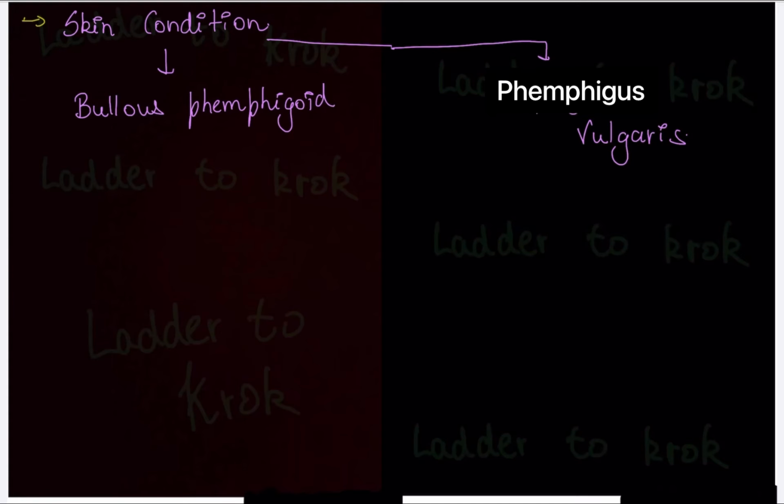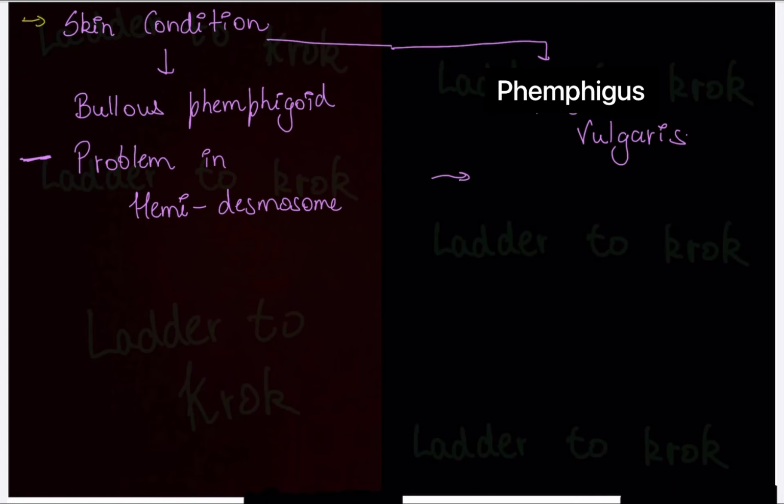In bullous pemphigoid, there is a problem in hemidesmosomes.